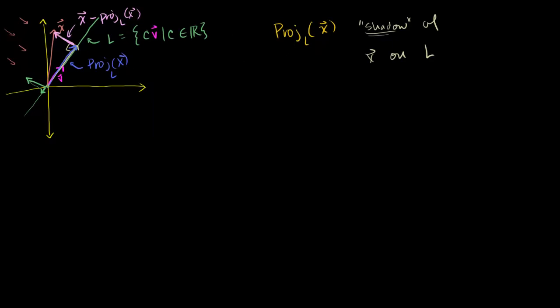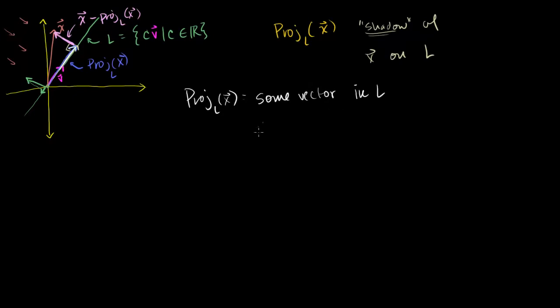So let me define the projection this way. This is going to be my slightly more mathematical definition. The projection onto L of some vector x is going to be some vector that's in L, right? I drew it right here, this blue vector. I'll trace it with white right here.